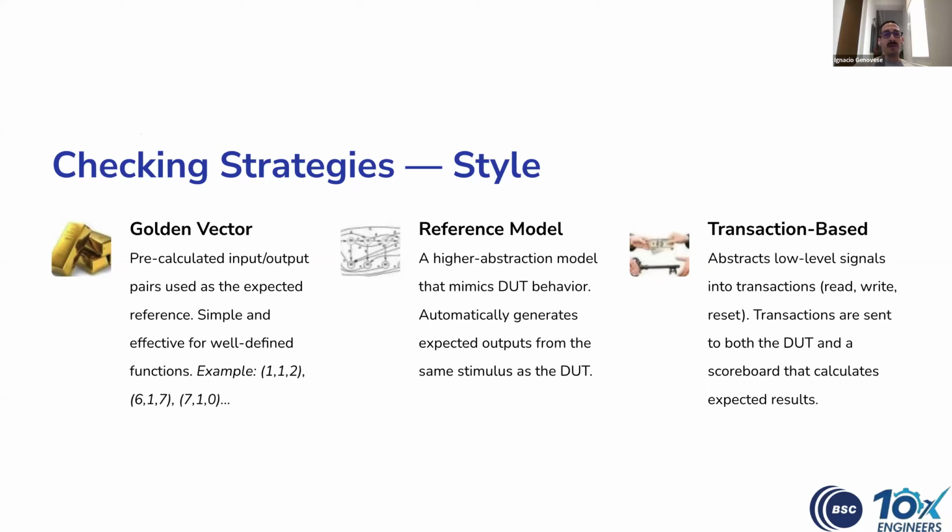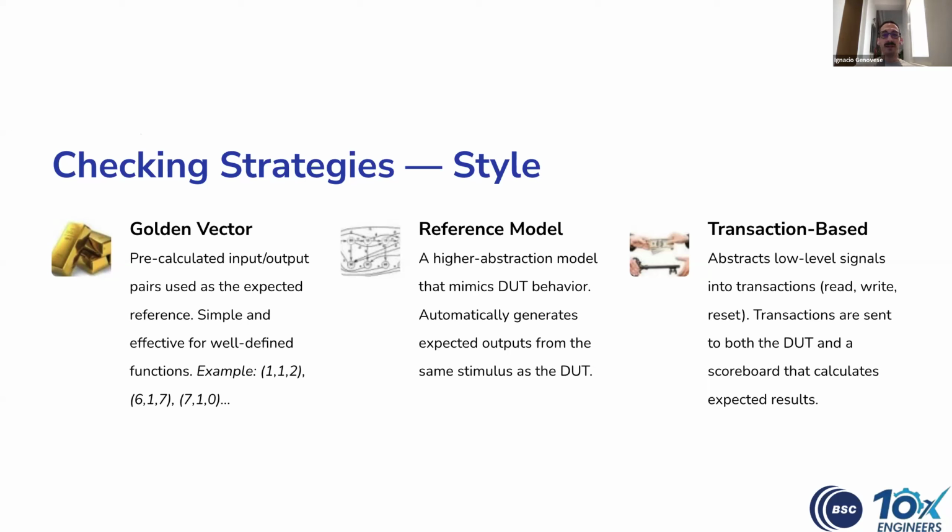On the opposite side, we can have a golden reference model, which is a higher abstraction model that mimics the DUT behavior, and it generates the expected results automatically from the same stimulus that the DUT is receiving. This strategy is more flexible than golden vectors, but also requires developing and maintaining the reference model.